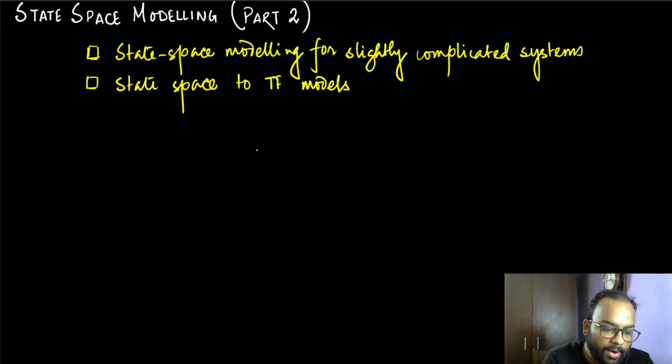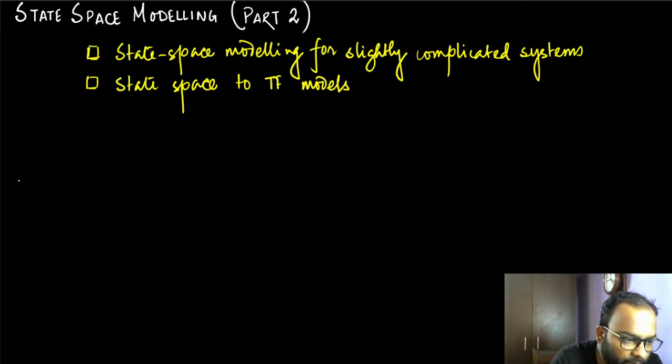And this time around, we are going to consider systems that are slightly more complicated. I would also assume that you understood what we did in the last one, because we are going to write down state space models directly from the transfer function models.